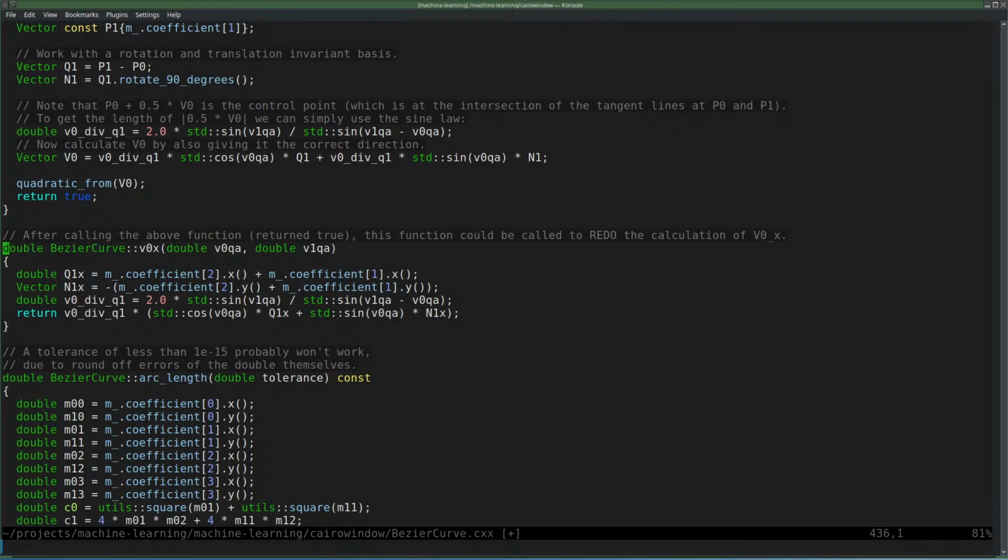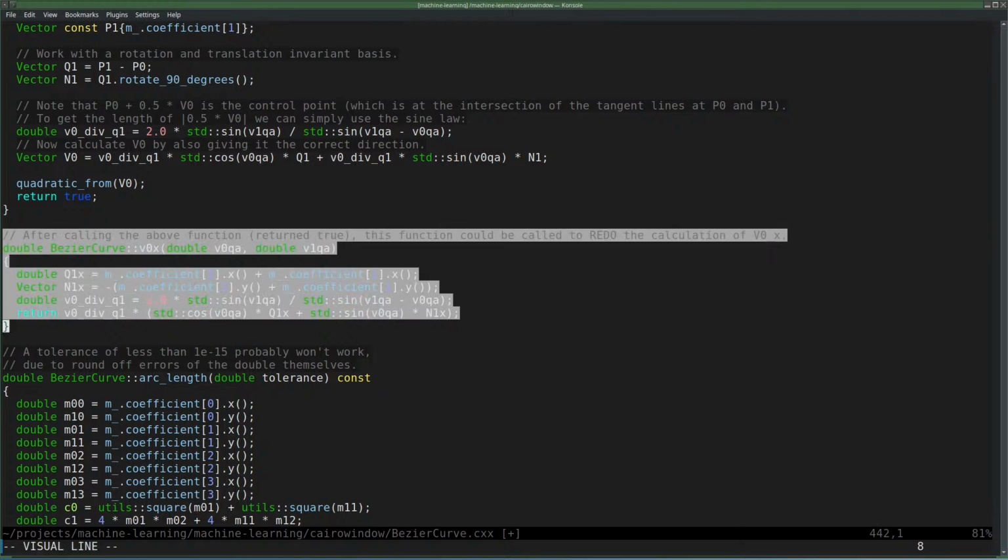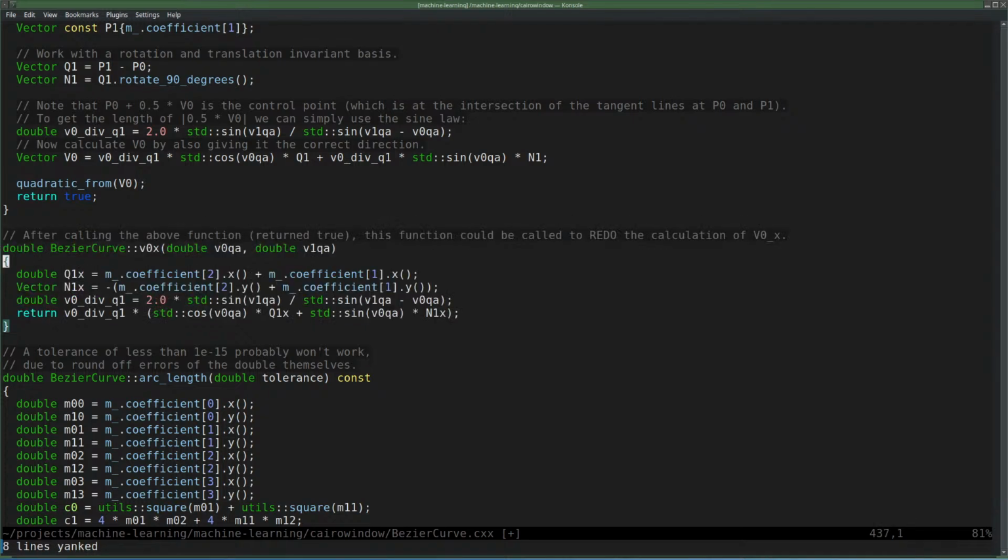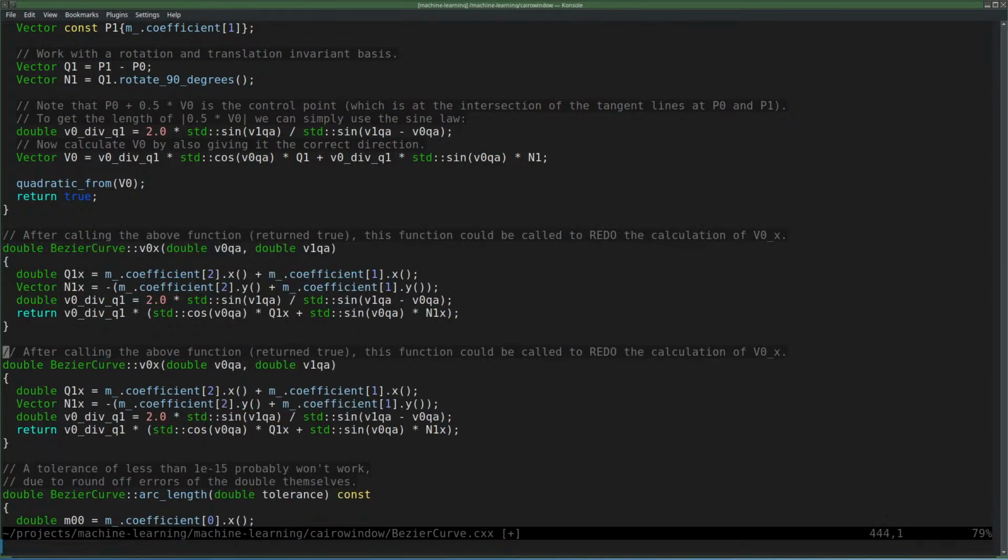And then I can do the same thing for the y coordinate. Still have to fix that, but okay. This stays the same, and this is also the same, except now we need the y coordinate. Okay, then fix this.